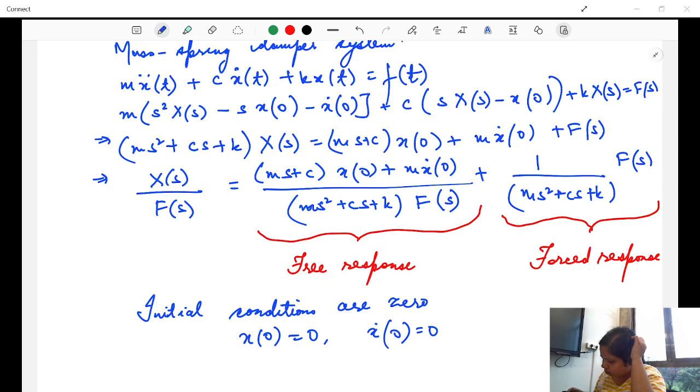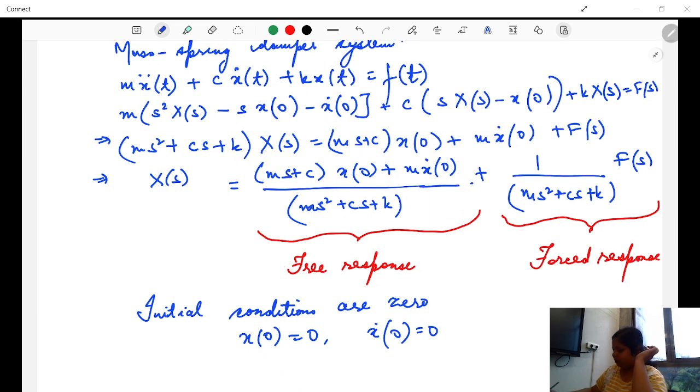F(s) will cancel. So I did not have to have F(s) here, because the output is only X(s) and it is not F(s). So I was going to make you understand transfer function. So yeah, now it is fine.